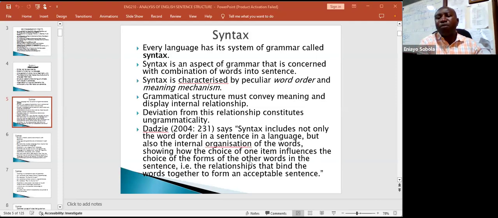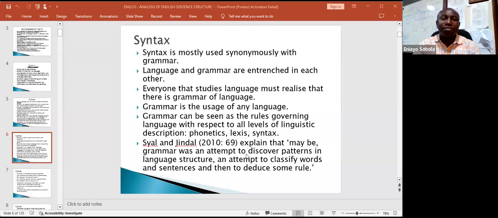If the choice of your noun does not influence the choice of the verb, you don't have a sentence. It must influence. And that's why we can talk about concord, agreement between the subject and verb. You want to use an adjective. Your choice of noun must influence the nature of the adjective that must go with it before it can be acceptable.